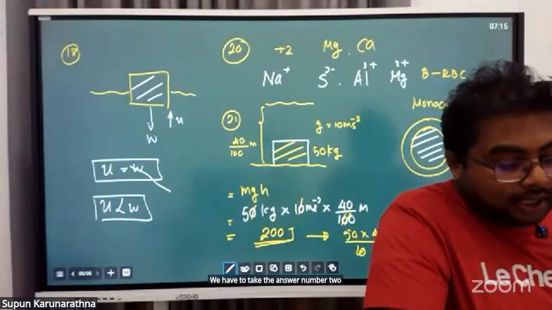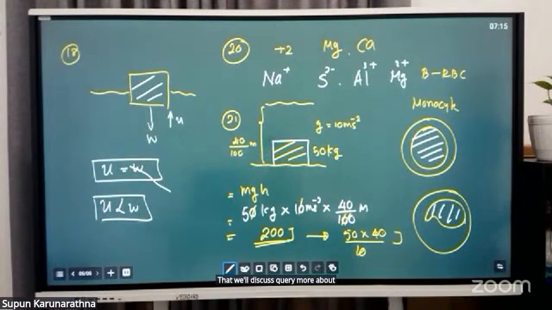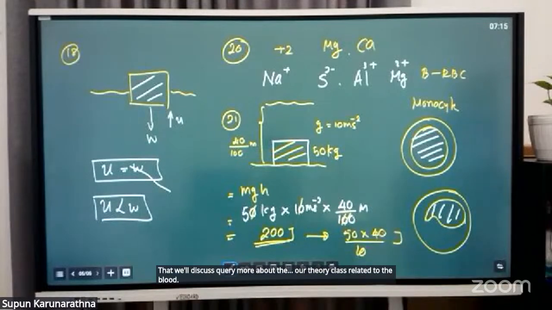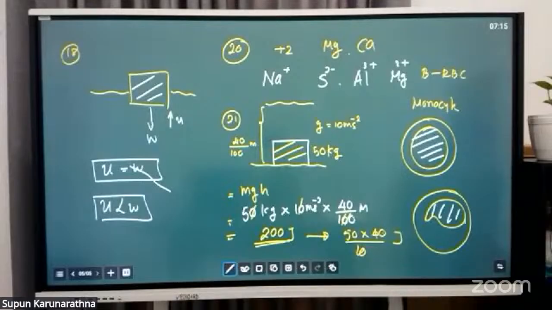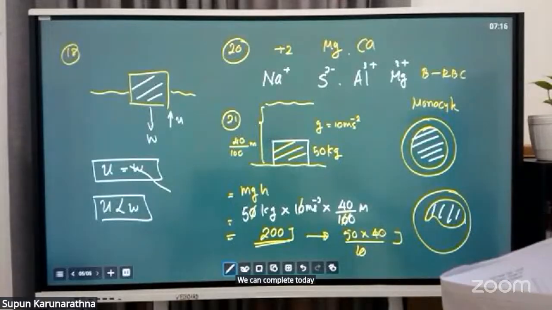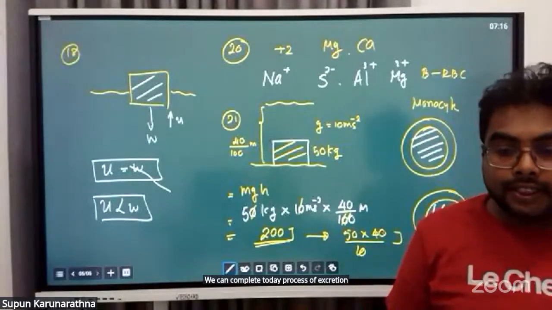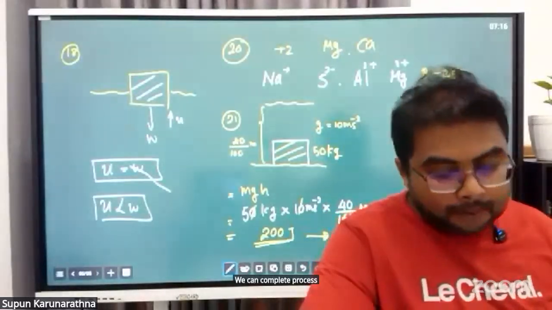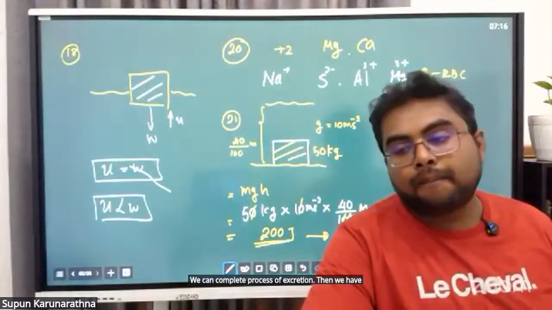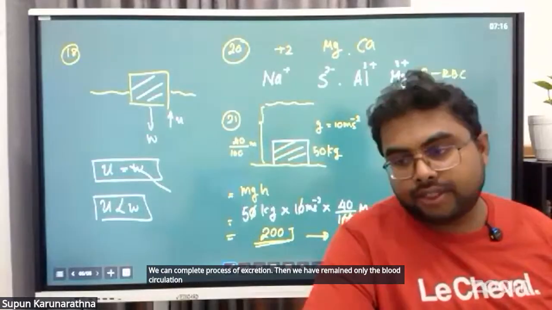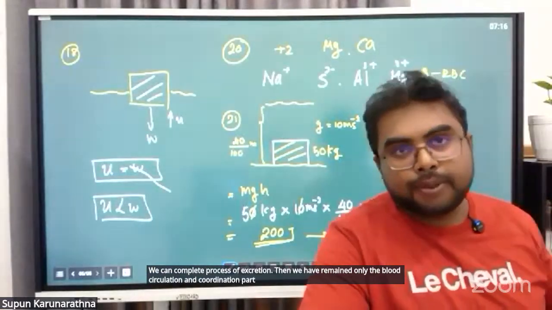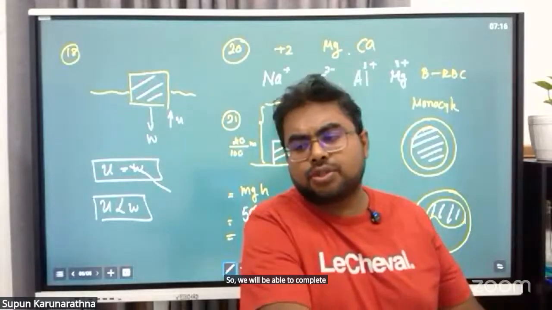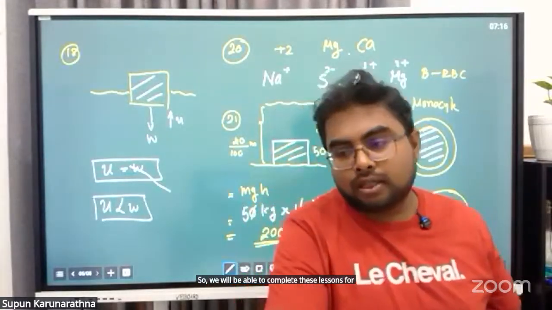We'll discuss the theory related to blood more in our theory class. We can complete the process of excretion today in our theory class. Then only blood circulation and coordination will remain, so we can complete these lessons in the first two or three weeks of May.